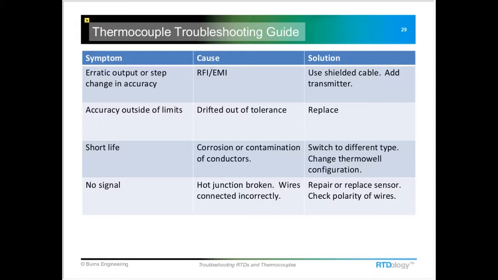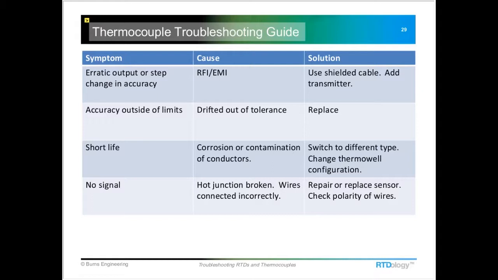And that kind of goes to this short life: corrosion and contamination. If the thermocouple is not protected with another metal sheath or ceramics of some kind, it can pick up contaminants from the process. It might be metals. It might be other elements like sulfur.